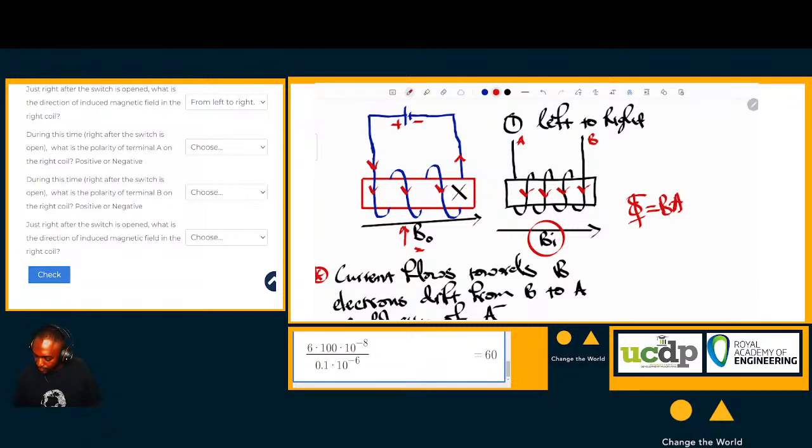Positive. Yeah, it's positive, because look, now our current is flowing from B to A. Okay? Current is flowing from B to A, which means our electrons are going to be drifting from A to B. I mean, B is going to be negative because that's where the electrons are going, leaving A to be positive.